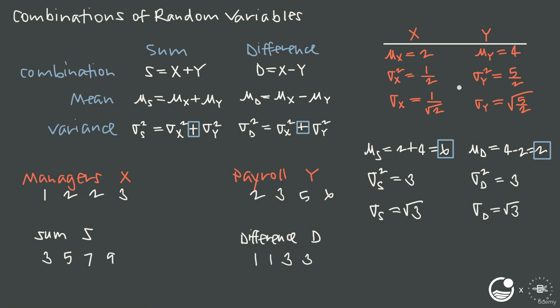Instead, if we already have this information, we can go straight to these formulas and immediately and directly make these calculations to see the mean, variance, and standard deviation of both the sum of these random variables and the difference of these random variables, which just means that we want to keep in mind that when we already have this information, we can move quickly to the combination and save ourselves a lot of time redoing the math from scratch with a new combined data set.